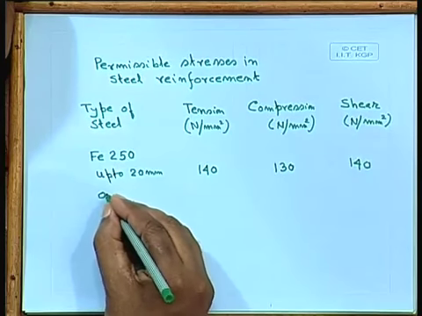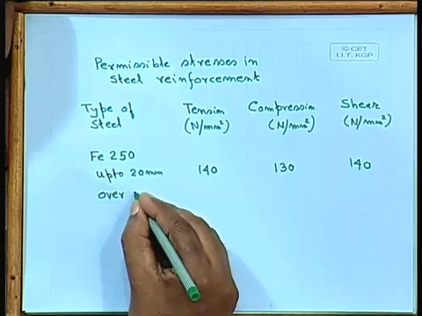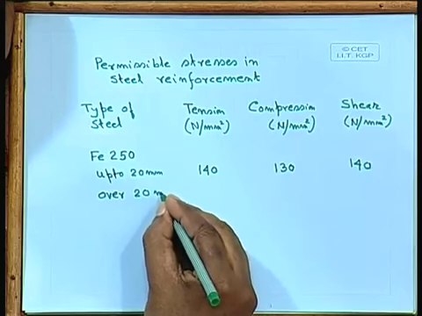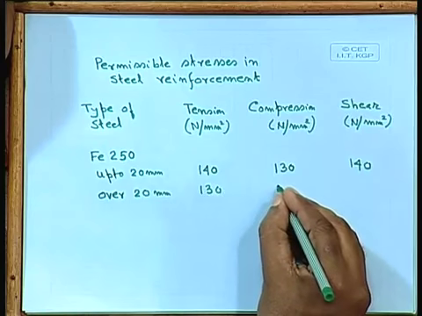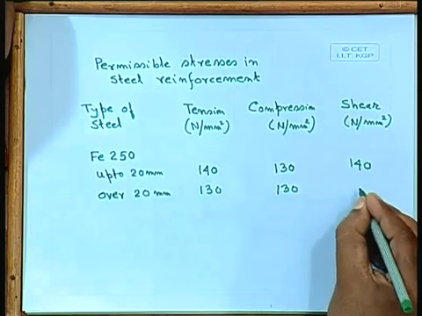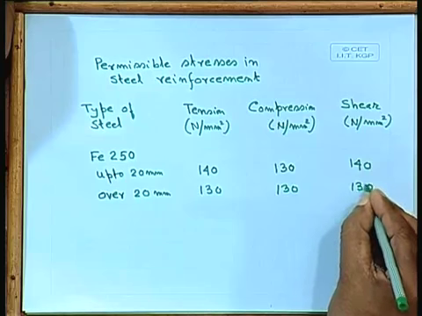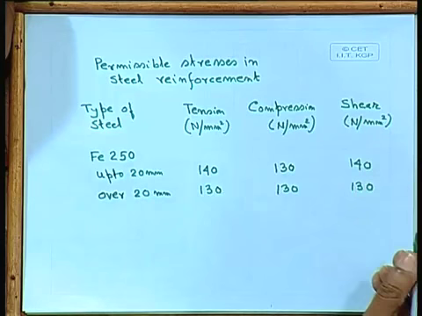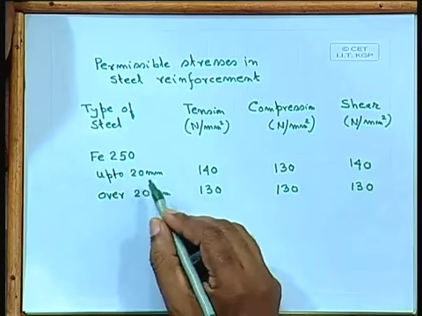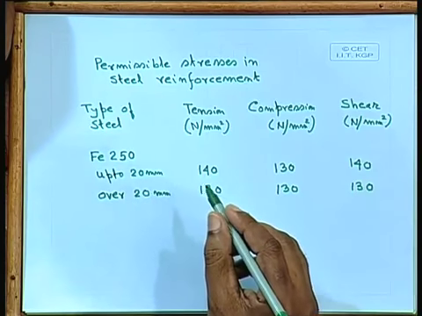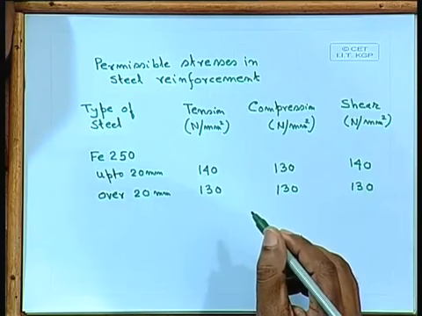Over 20 millimeter diameter, 130 in compression and again 130 in shear. That means 130 for all of them. Only in tension and shear it differs if the bar diameter is less than or equal to 20 millimeter.